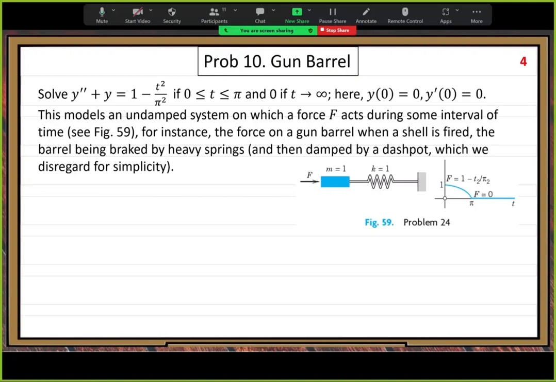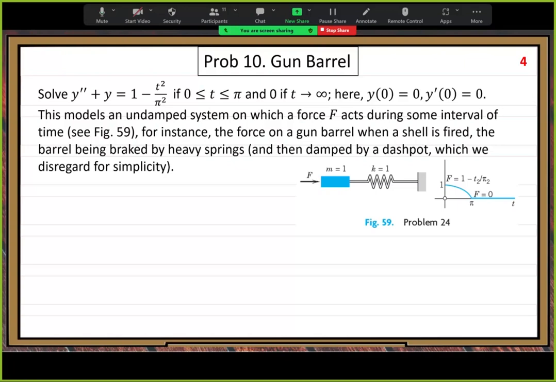Due to that force, there is a displacement, a motion moving forward. So we use this spring to slow it down. This is the model, a heavy spring breaking the barrel.